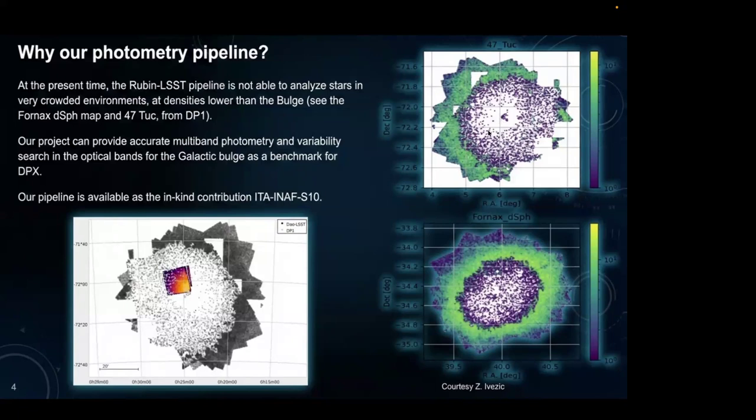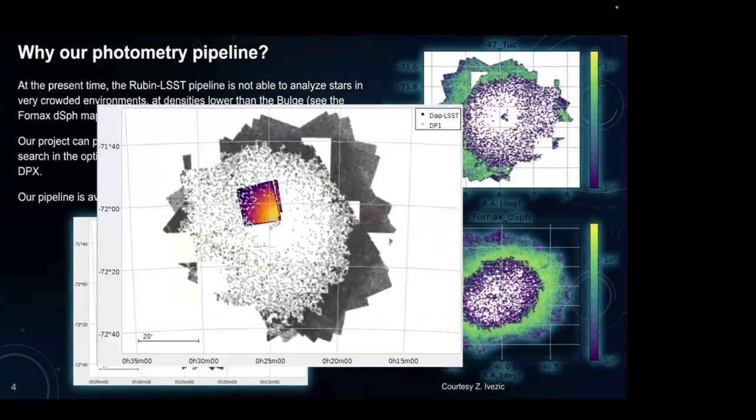For areas with densities higher than these targets, it is completely unsuccessful. For example, consider the Bulge, where the density is huge. If we want to use the LSST pipeline, it would be very challenging for us.